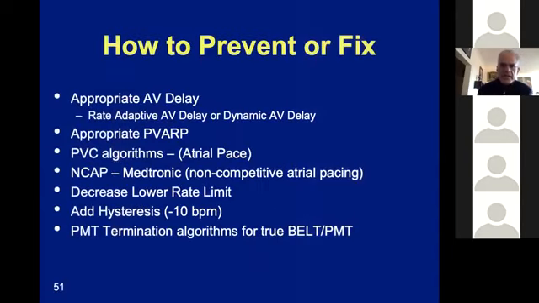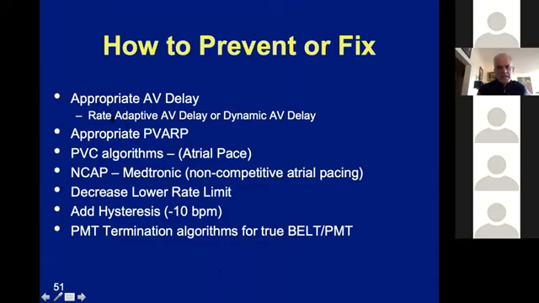All right, so this is a sort of summary of how to prevent or fix competitive atrial pacing. Again, I'll leave it, you can look at that later, but not to go into all the detail. PVC algorithms can be used, and basically the thing is to try to avoid pacing at faster rates, and whatever intervals are there, to adapt them to faster rates.